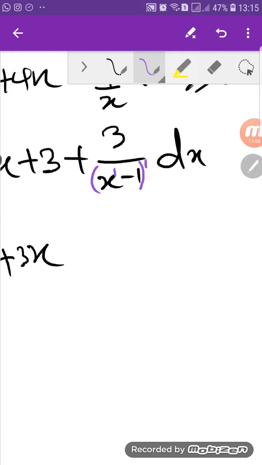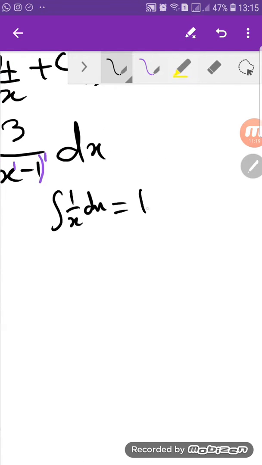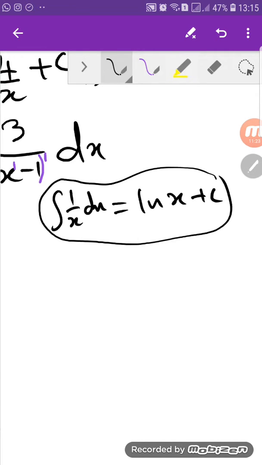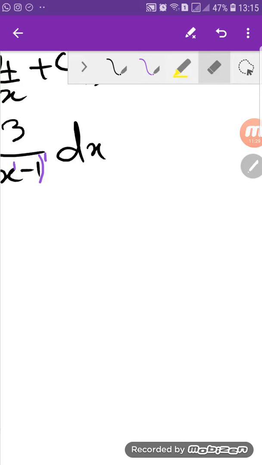So in this case, we can expect the whole thing to be equal to ln, because if we integrate 1 over x dx in terms of x, it will equal ln x plus c. So we can use this example. You see here the power is 1, so it will be ln x.